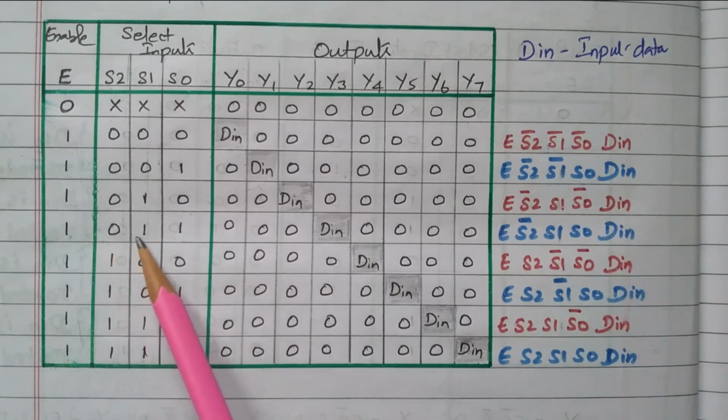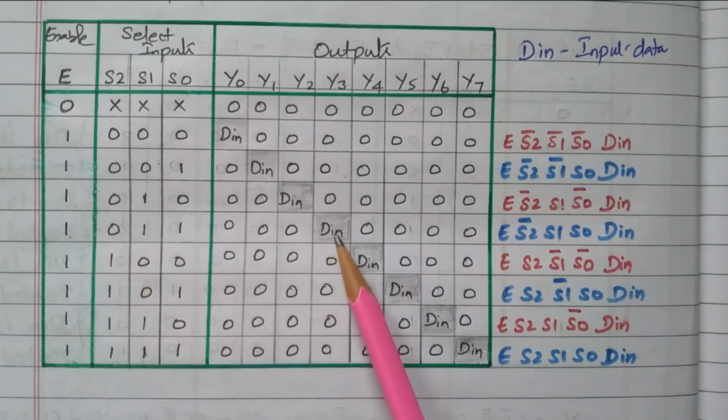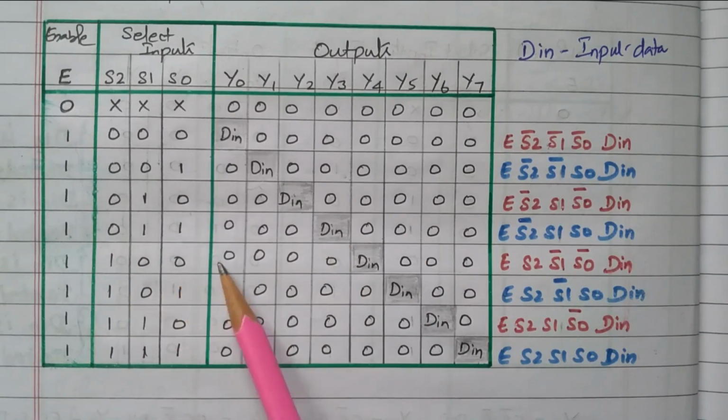Fourth combination 0, 1, 1 means the data is available in the fourth position, remainings are 0. 1, 0, 0, fifth combination, the data is available in the fifth position, remainings are 0. 1, 0, 1, sixth combination, the data is available in the sixth position, remainings are 0. 1, 1, 0, seventh combination, the data is available in the seventh position, remainings are 0. Last one, eighth combination, eighth position, 1, 1, 1, means the data is available in the eighth position, the remainings are 0.